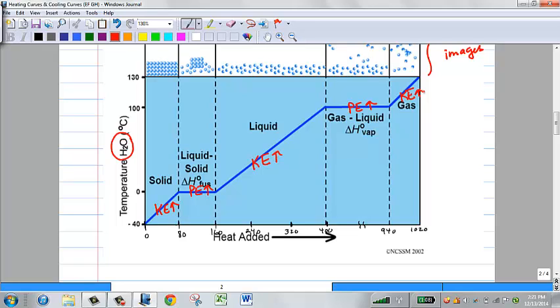I can read the melting point for water off of this graph. Melting is happening at 0. Melting point happening at 0. And I can read backwards from the higher plateau to see that the boiling point is 100.